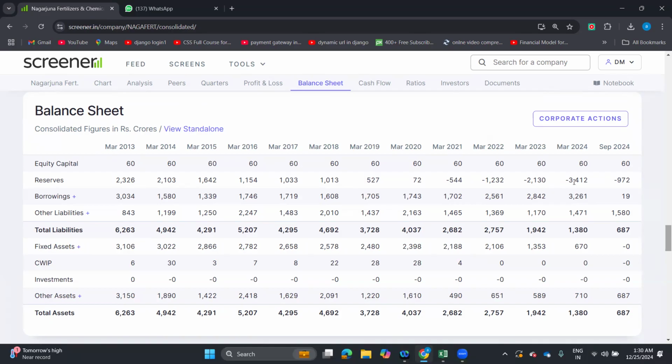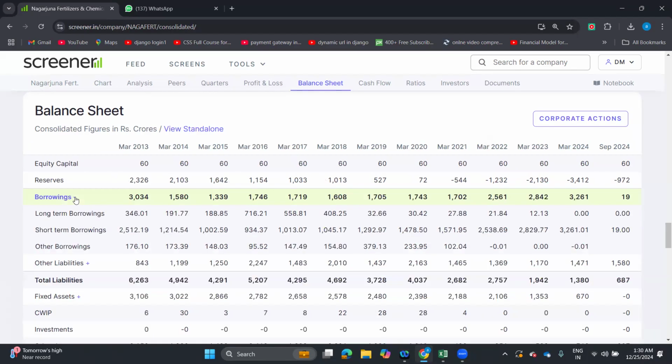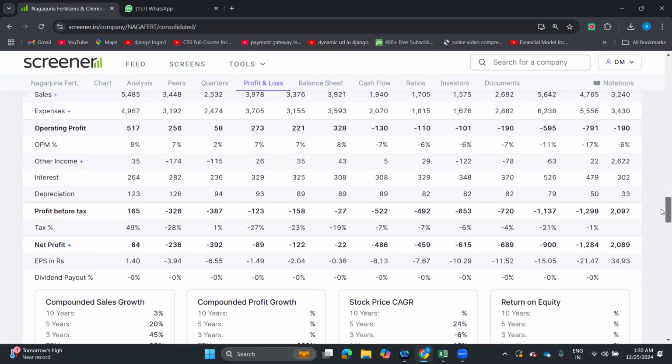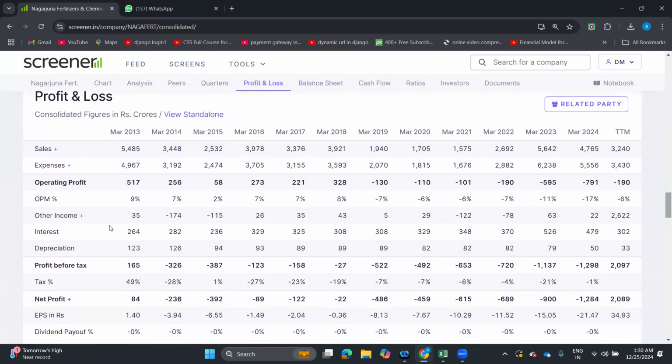So we need to understand how they have reduced their borrowings, and how it will be beneficial over a period of time in their expenses, because expenses are very high in this particular company, right? So you can have a look. This is the sales number and expenses number. Reduced debt means what will happen? Your finance cost will go down.